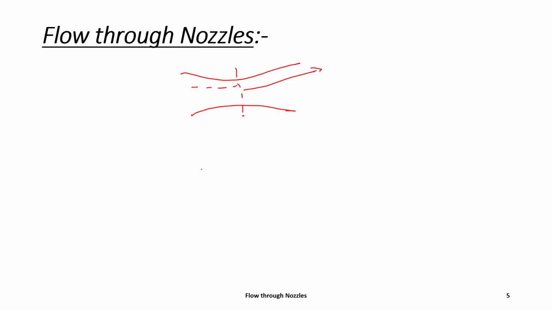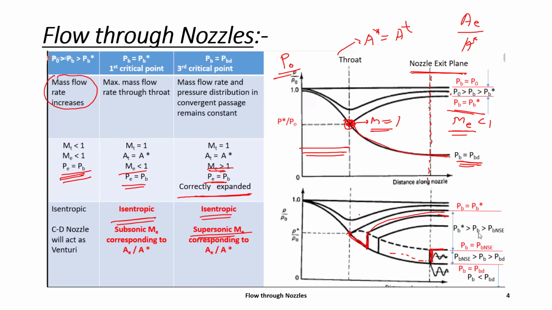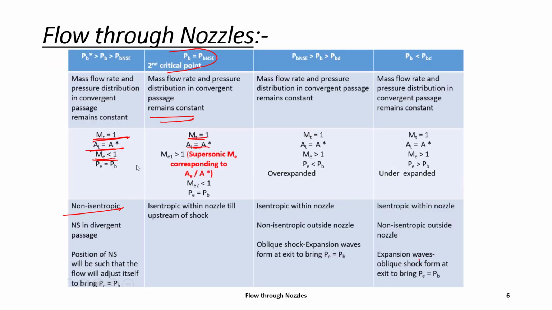Now if we reduce pressure more than this second critical point, and it is between the second critical point and the third critical point, then there will be an oblique shock.